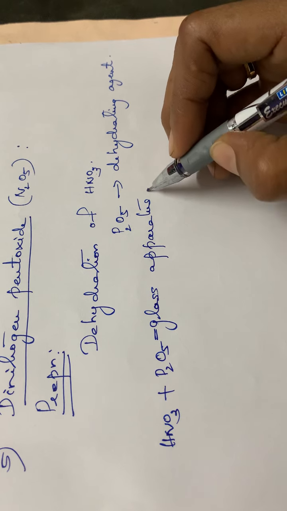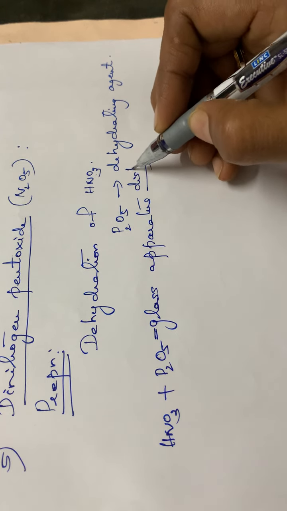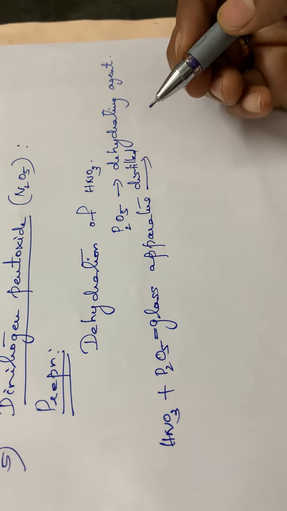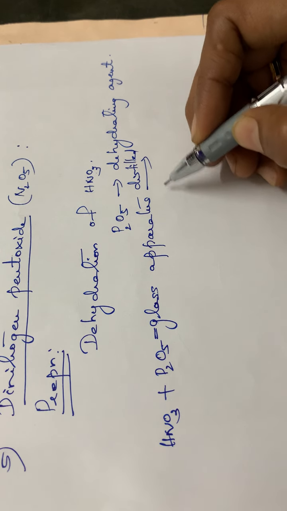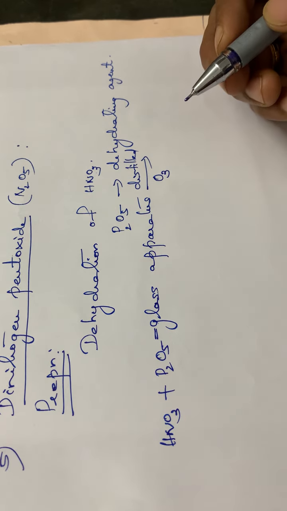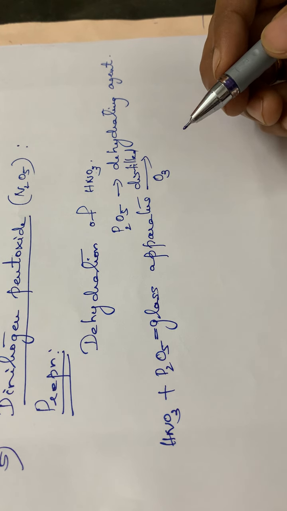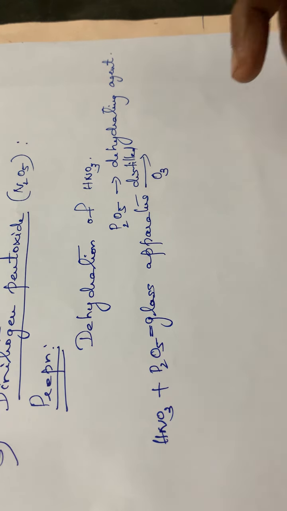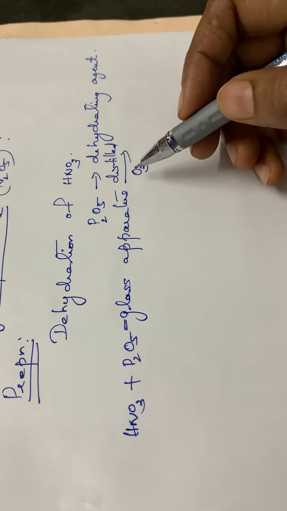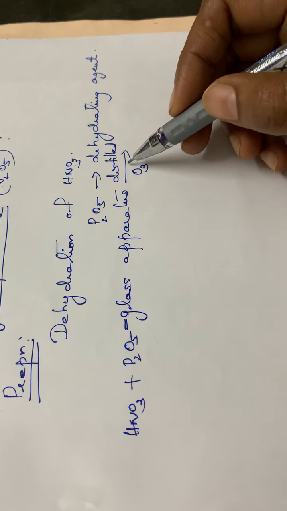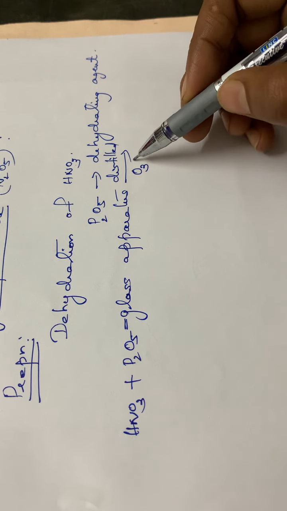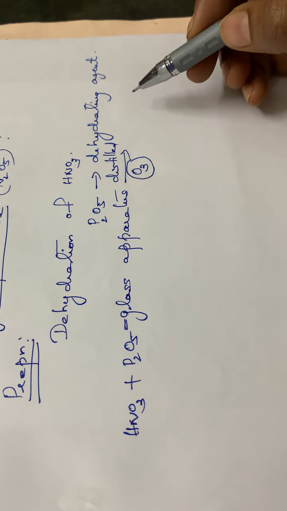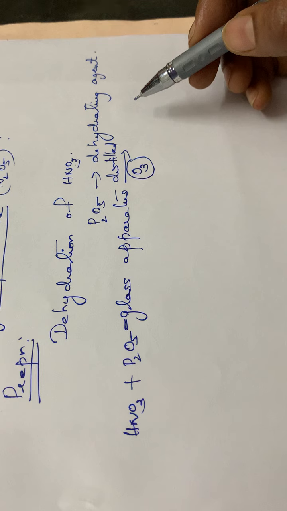Then it is distilled, and this distillation will take place in the presence of ozonized oxygen, or we can say O3. Here this ozonized oxygen will be preventing the decomposition of N2O5 while N2O5 is formed.